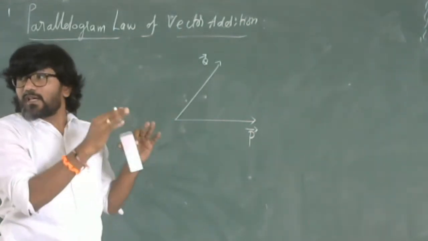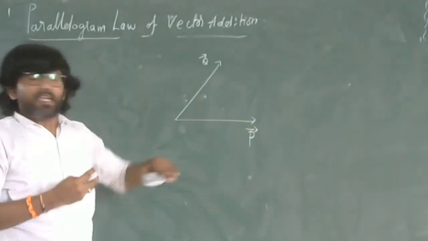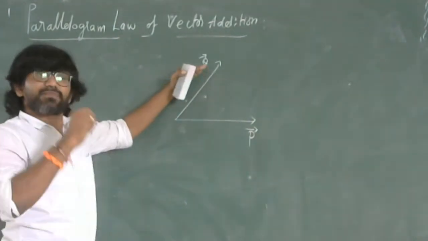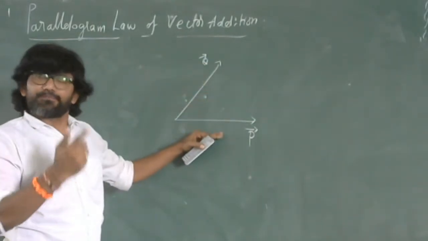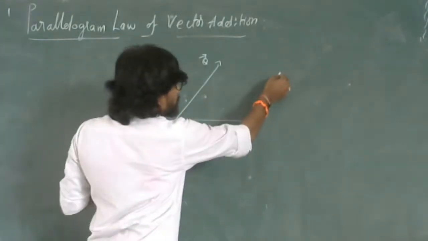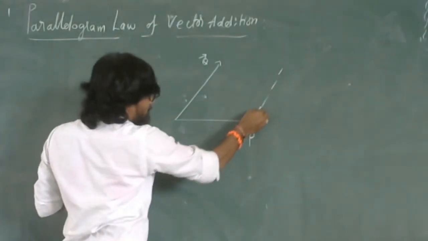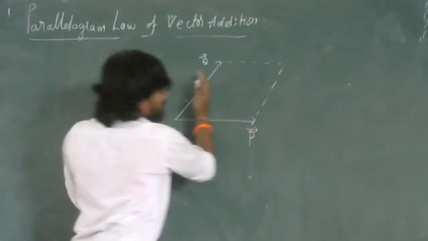Let me give you both ways of the statement. If two vectors give two adjacent sides of the parallelogram, or if you have a parallelogram, usually the opposite sides will be the parallel sides.